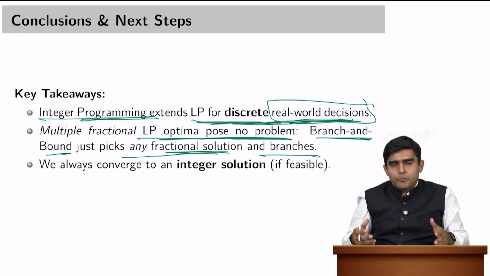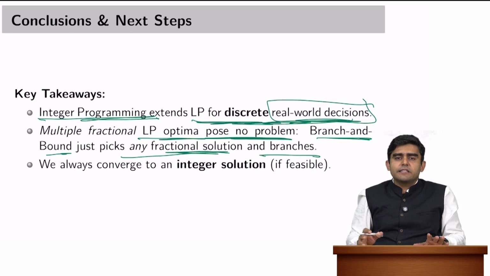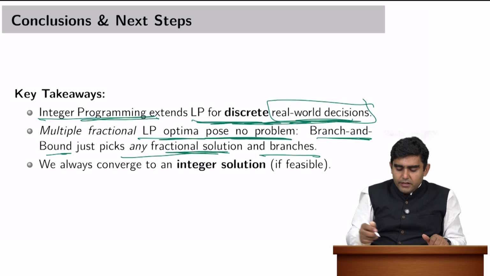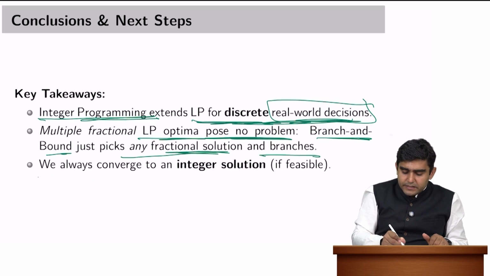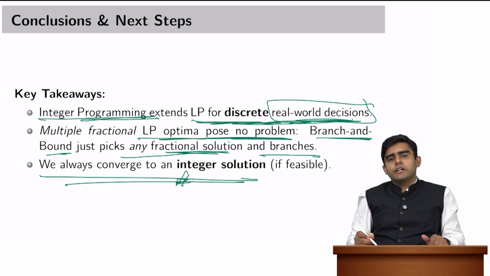So with present day computational resources, this is not really a large number, and you get solutions which are implementable in the real world. And the good thing is that with this systematic approach, it is guaranteed that we will always converge to an integer solution in the fastest possible manner, rather than searching over the entire grid space in a haphazard way.